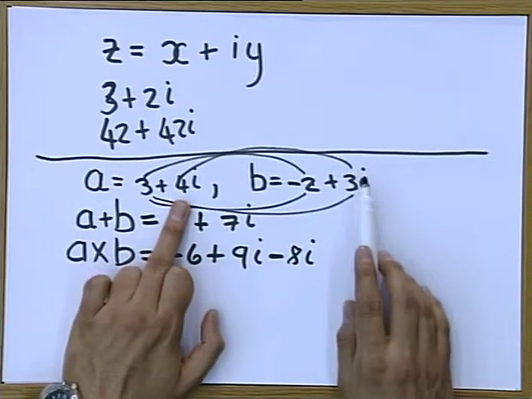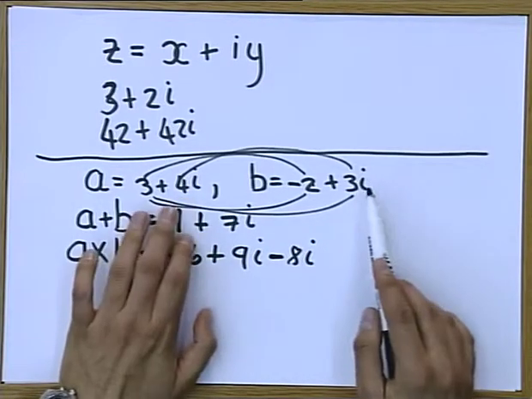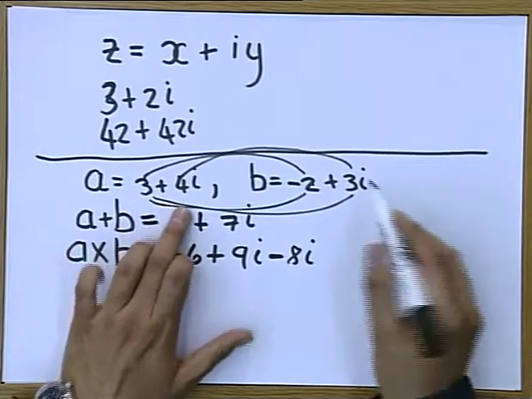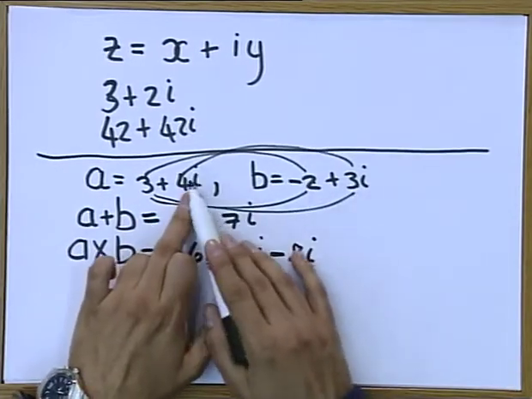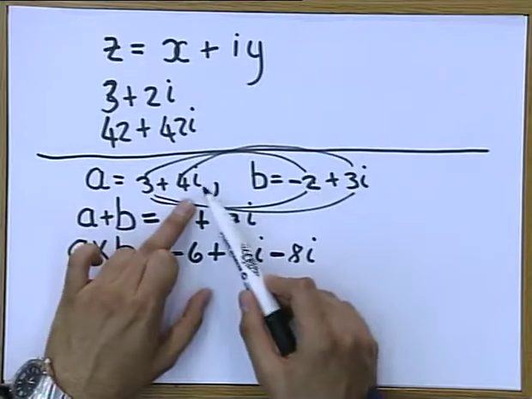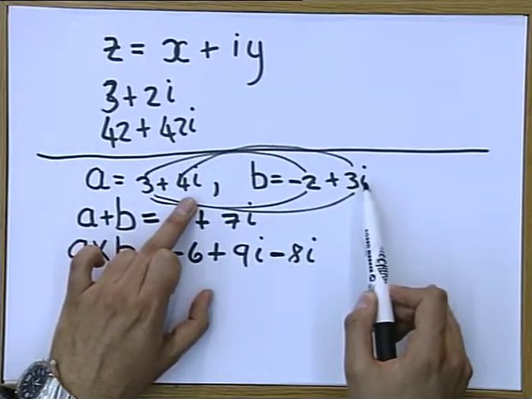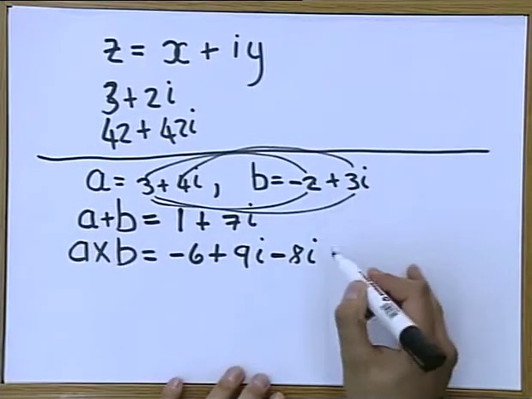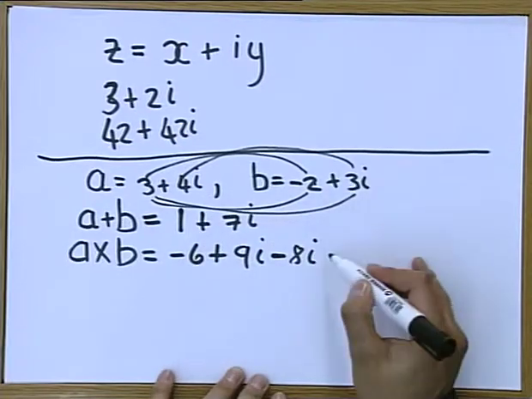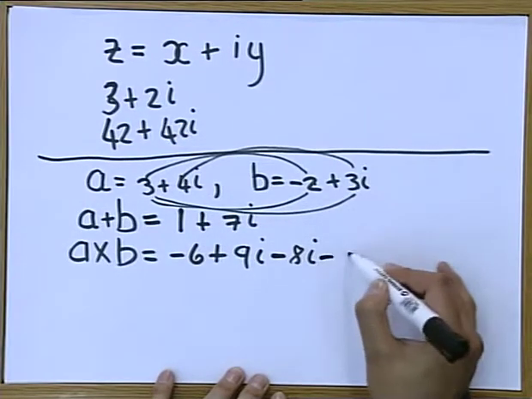Now this is where things get really nice and interesting, since of course that's 12. But the interesting thing about complex numbers is that i times i is equal to minus 1. So in other words, 4i times 3i is equal to minus 12.